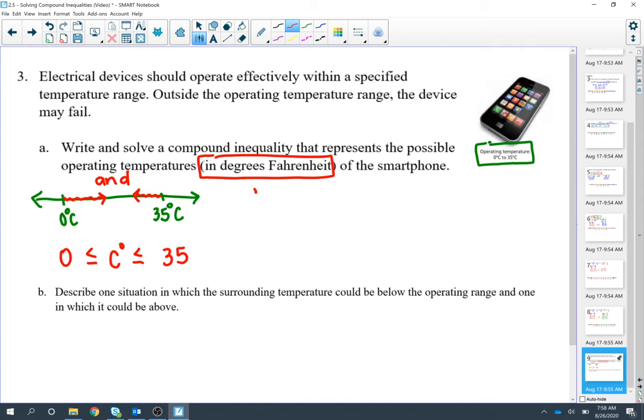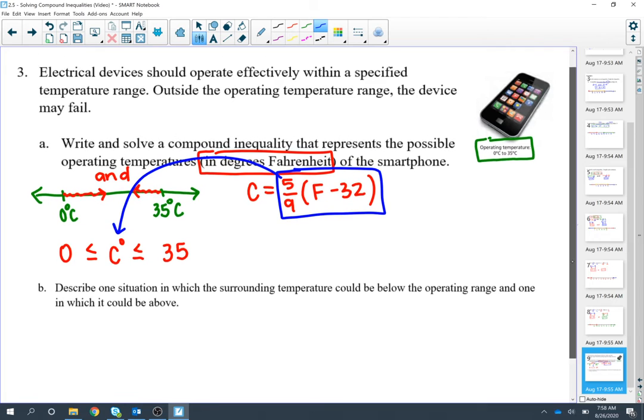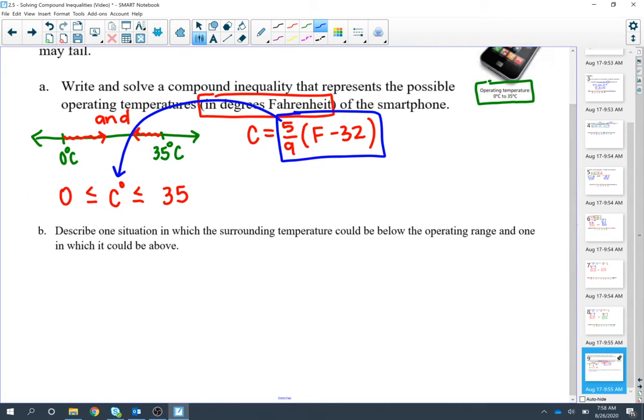And if we forgot, we know that Celsius equals 5/9 times degrees Fahrenheit minus 32. That's our conversion. So I'm going to use our substitution property, and I'm going to take this and substitute it into my inequality over here so that I'm working with degrees Fahrenheit.